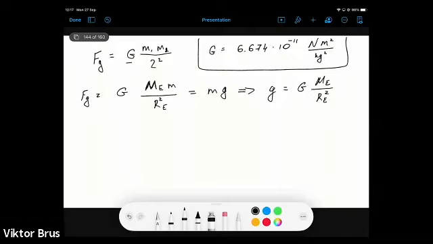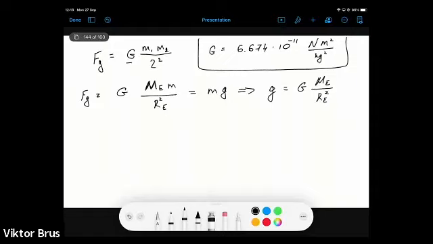So we see that this free fall acceleration is not some fundamental constant. It depends on the mass and size of the planet. So that should be taken into account. And that is valid for the surface of the Earth.